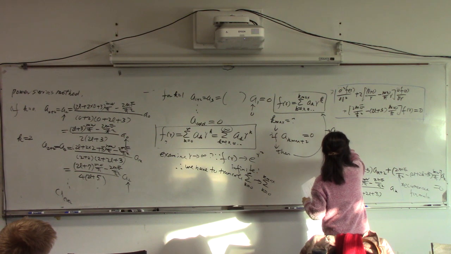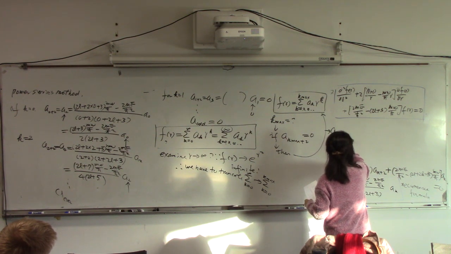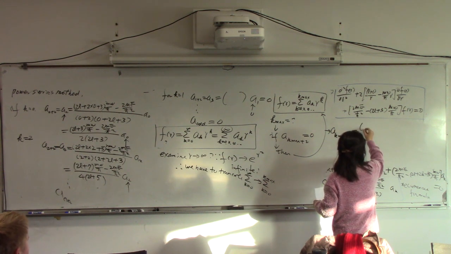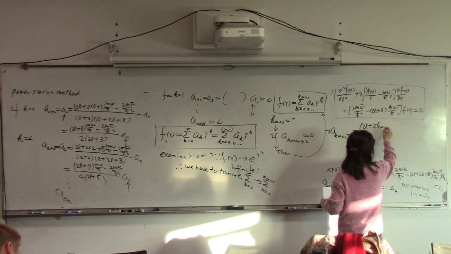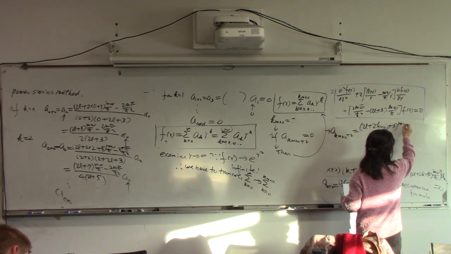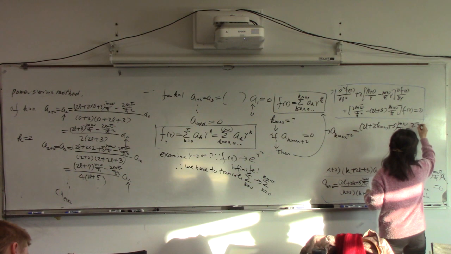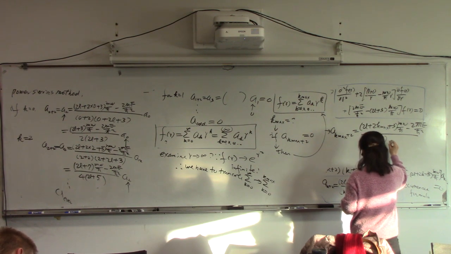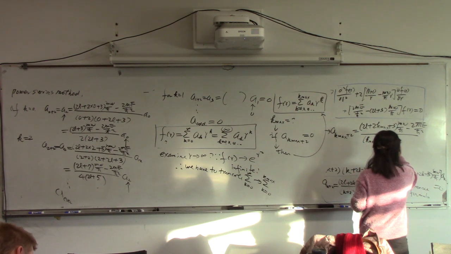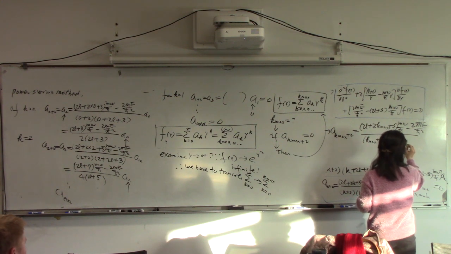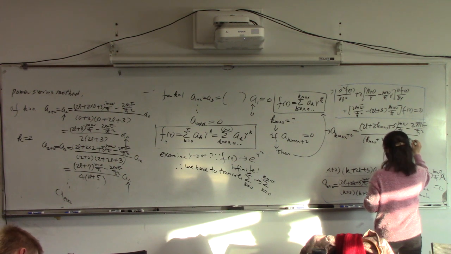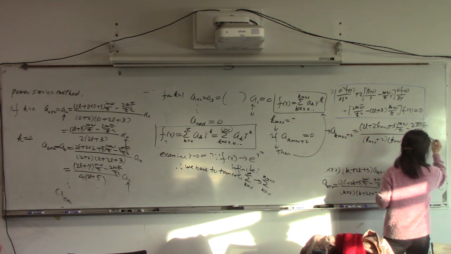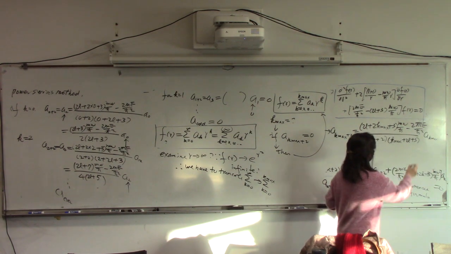So that means a k max plus 2 equals here, right? 2L plus 2k max plus 3, m omega over h bar, minus 2 m e over h bar square, over k max plus 2 k max plus 2L plus 3, times a k max, to be equal to 0.